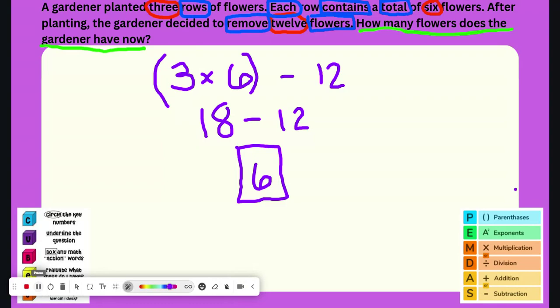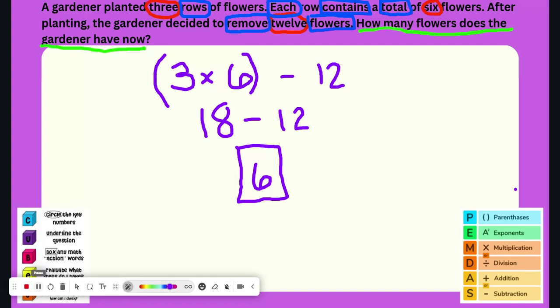We circled the number word 12. Next step, underlining the question. Our question here is how many flowers does the gardener have now? Then we can go back and box in all of our words that are going to help us to solve this expression. So I boxed in rows, each contains, total, remove, and flowers.